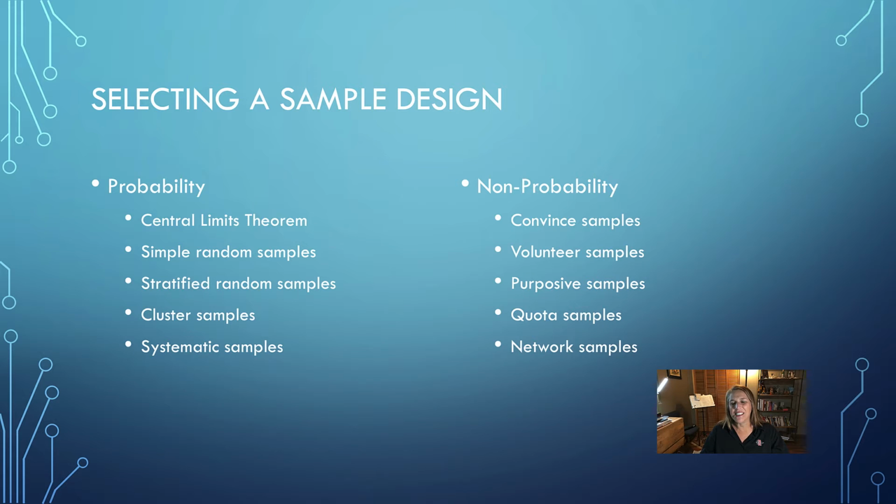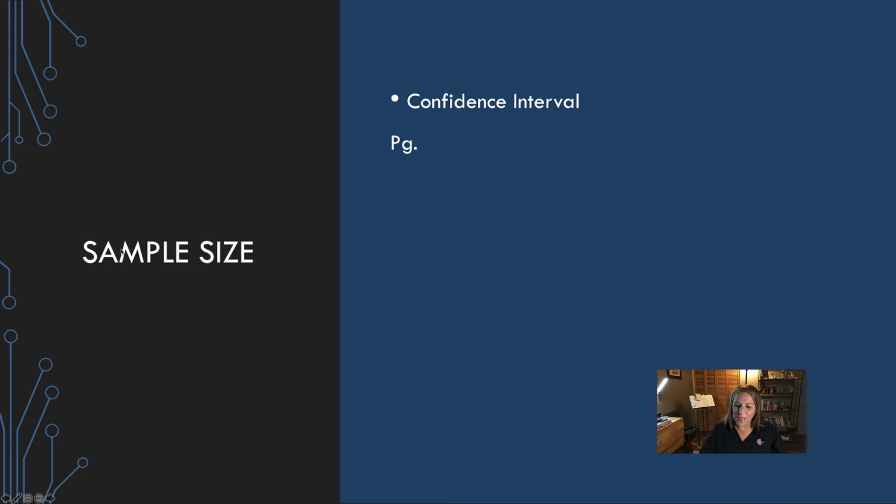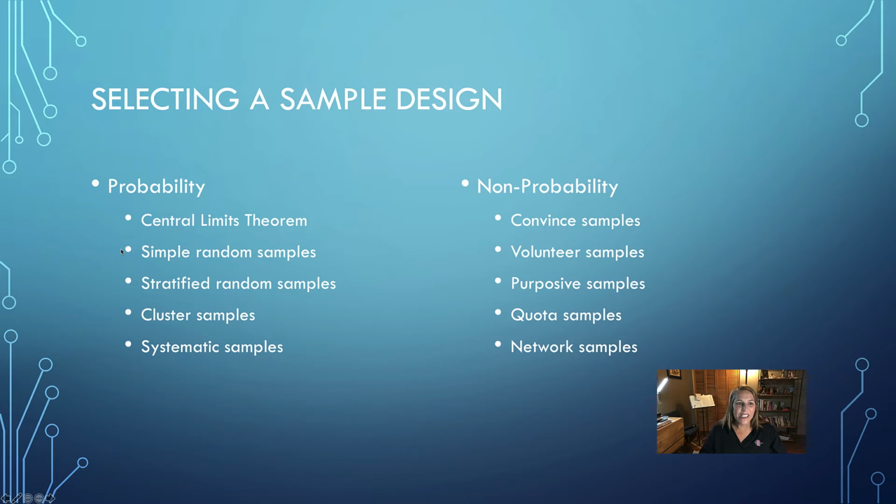We say that is avoiding bias. So we like probability samples because they avoid bias. They give more equal opportunity. Everyone has the same chance of getting into the sample. However, again, very difficult to do. But I'll give you some examples of some research I have done and how I went about using random samples.